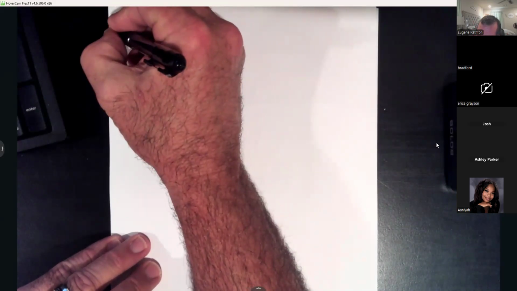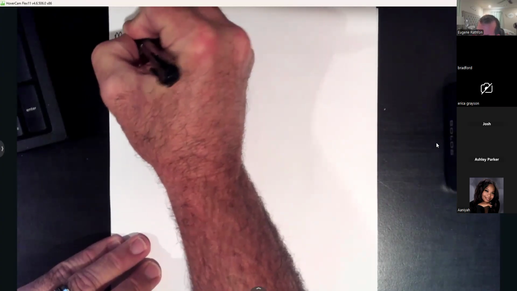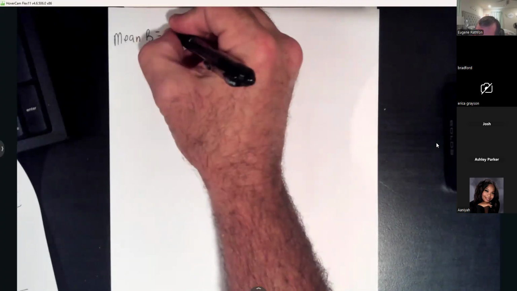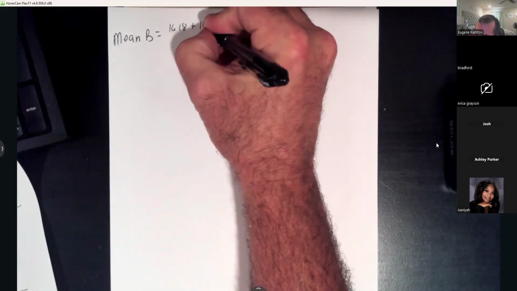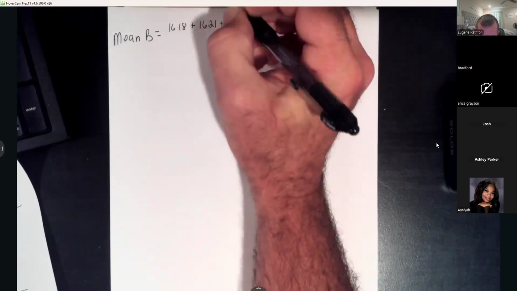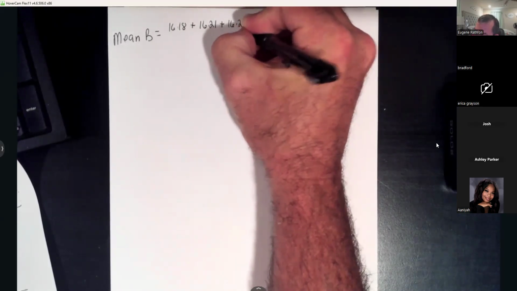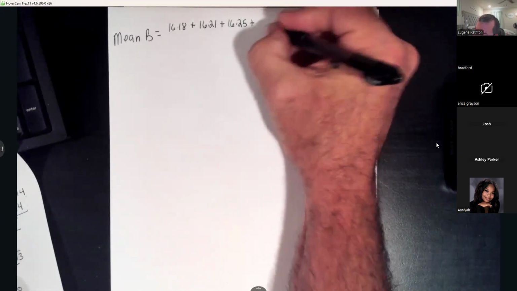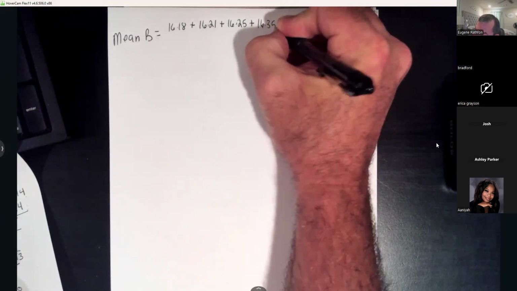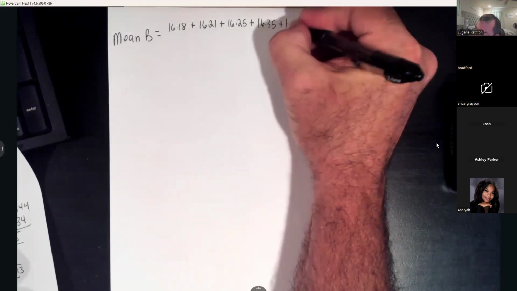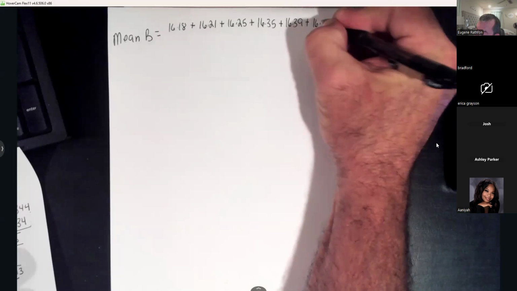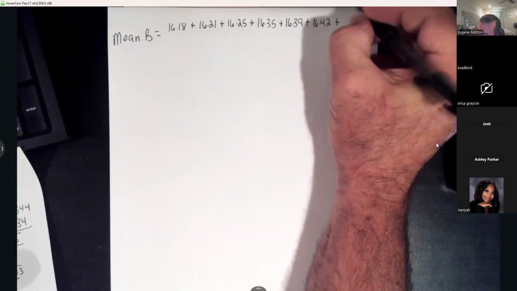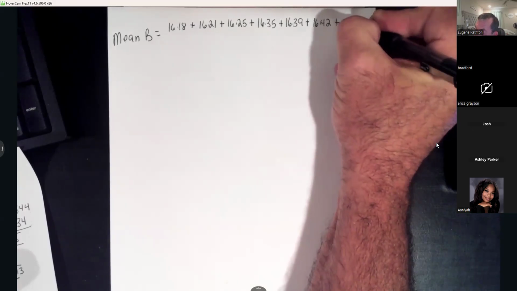So for supplier B, we're going to find our mean for B. So that's going to equal my data for B, 16.18 plus 16.21 plus 16.25 plus 16.35 plus 16.39 plus 16.42 and then plus 16.46.